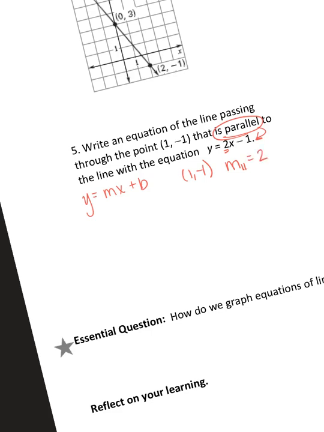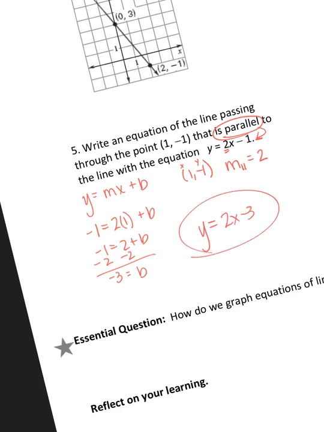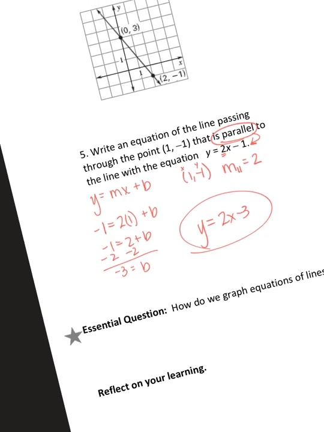And then we're just going to use what we did in number 4. So we're going to plug in 1 for x, -1 for y, and 2 for the slope. So we've got -1 for y equals 2 times 1 plus b. We're going to solve for b. Subtract 2 from both sides. And b is equal to -3. So the equation of our line parallel to y equals 2x minus 1 is y equals 2x minus 3. Okay, so that's number 5.